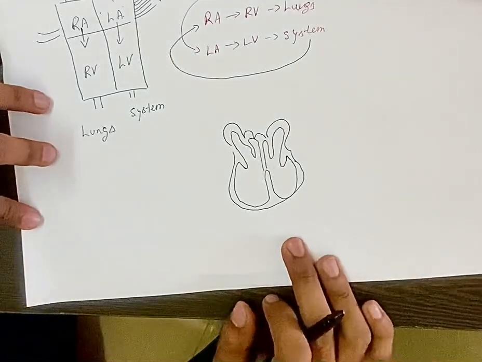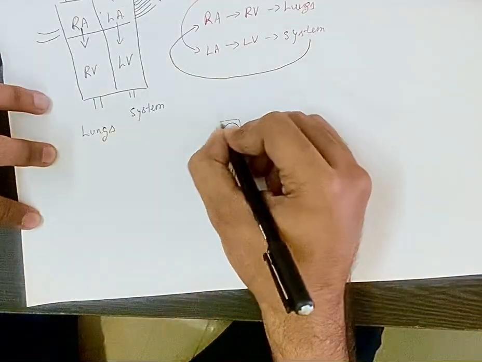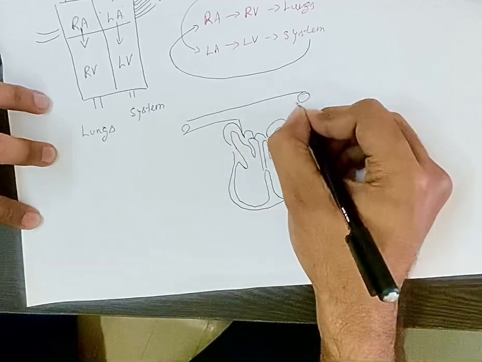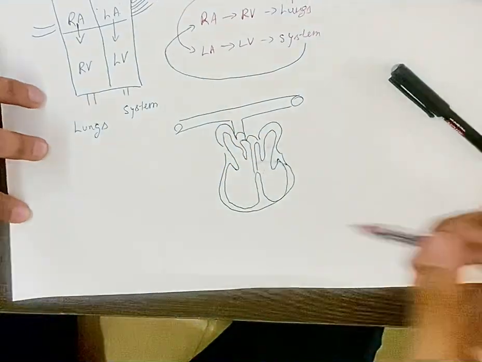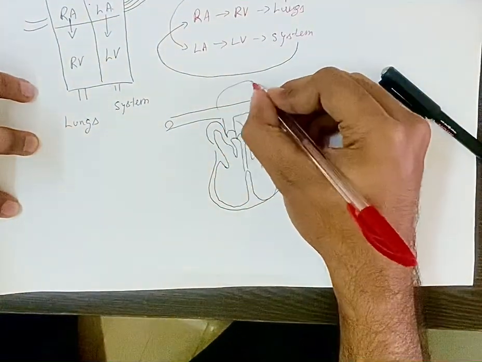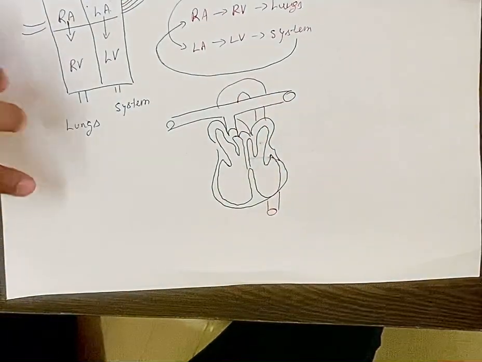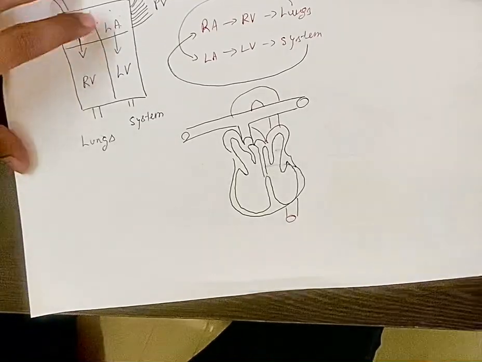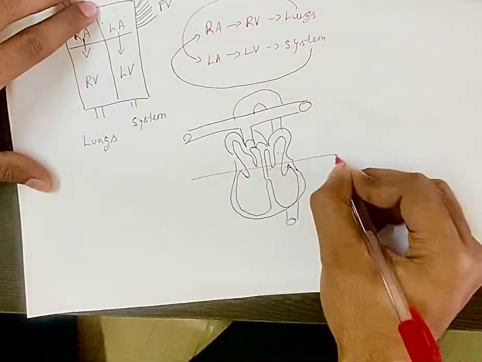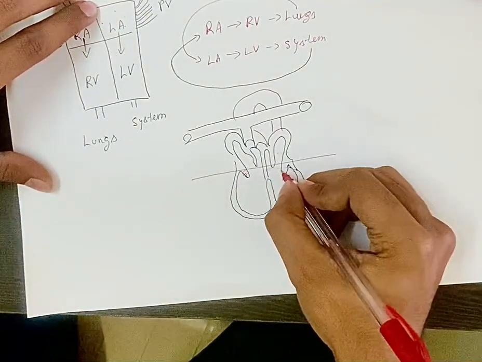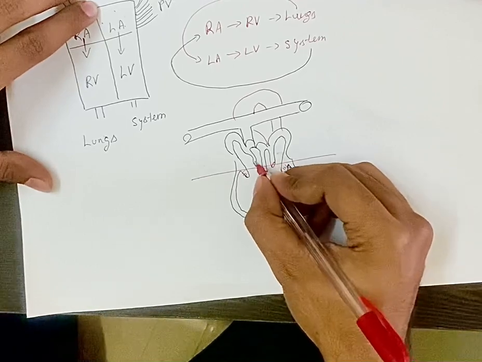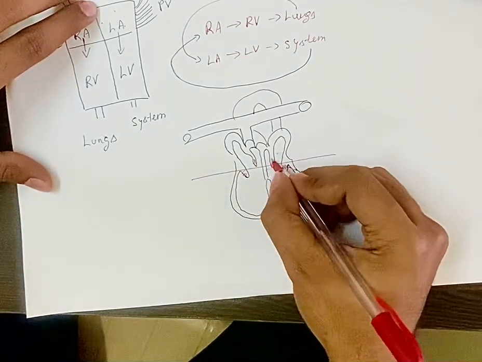Now this is your heart, right? This is your pulmonary artery, and this is your aorta. Okay. Now, what you need to remember is that this part, this is your atrioventricular valve, okay? This one.